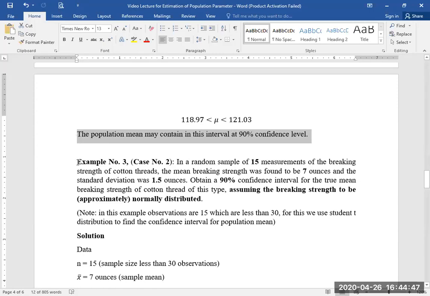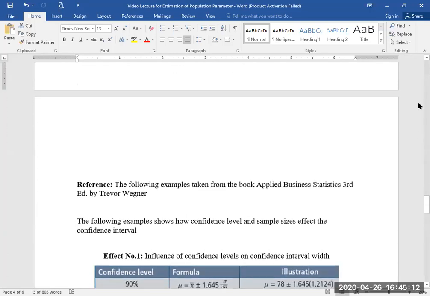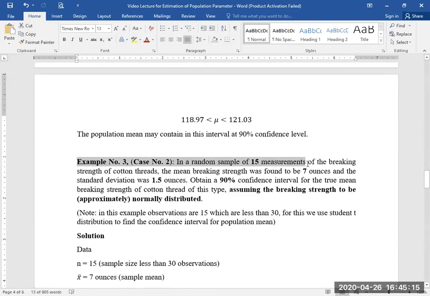Now students, we are going to study example number 3, where the case is different from 1a and 1b. That is why I have written case 2. I'm reading it again.